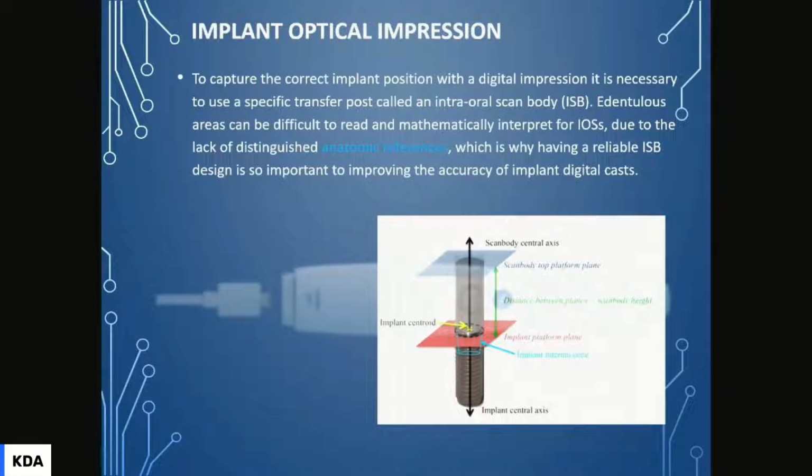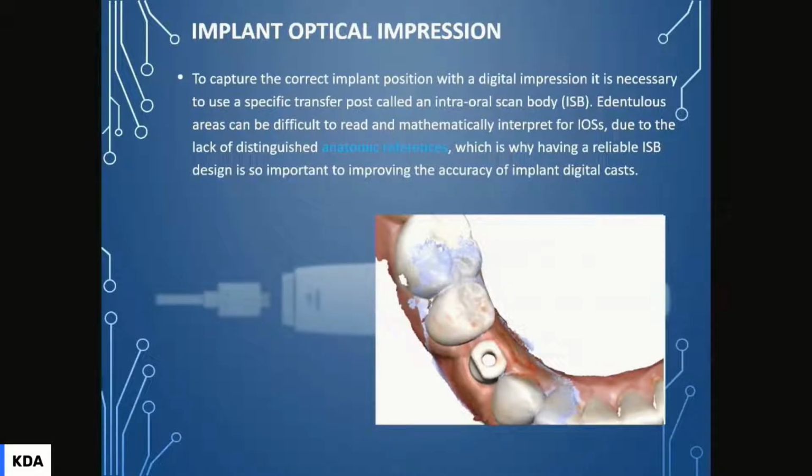This part acts as a transfer coping. So it tells us exactly the position of the implant in relation to the soft tissue and the neighboring teeth. Because of the scan body, the lab can know exactly, and the designing software can know exactly, the position of the implant and how to design the prosthesis.